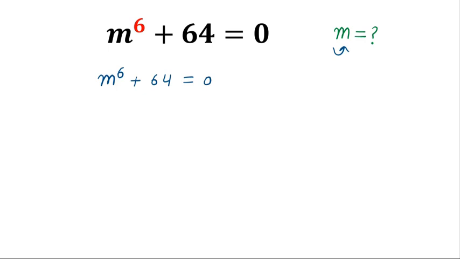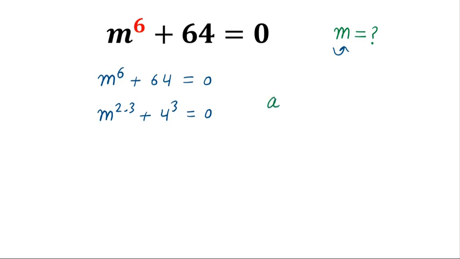Look carefully, here m power 6, and we can write this m power 6 as m power, this 6 is the product of 2 times 3, plus 64 is 4 power 3, is equal to 0. Look carefully at this term.